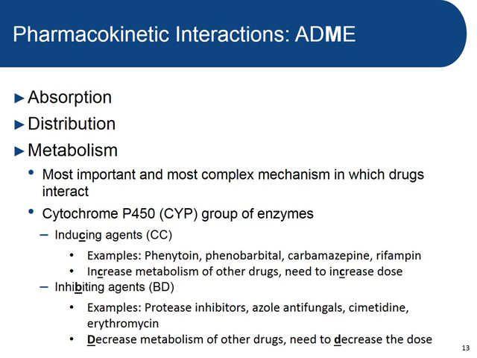So C in inducing and C in increase. And so inducing drugs will increase the metabolism of other drugs. And then subsequently, we will need to increase the dose of the other drug. So the drug that's impacted. Not the drug that's causing the induction, the drug that's being influenced by that other drug. So CC, great way to remember that.